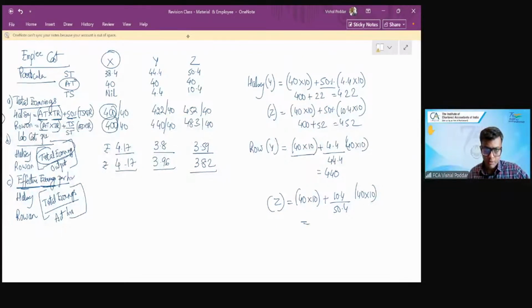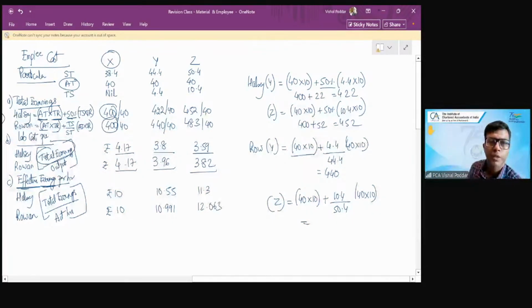So effective earnings per hour given to me by Tejaswin: 10, 10.55, 11.3. I'm assuming Tejaswin, this is for Halsey. Rowan, this is 10, 10.991, 12.063. So these are the answers given to me by Tejaswin. Others may please confirm.